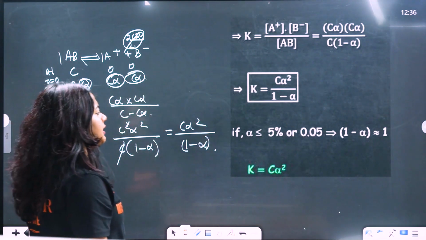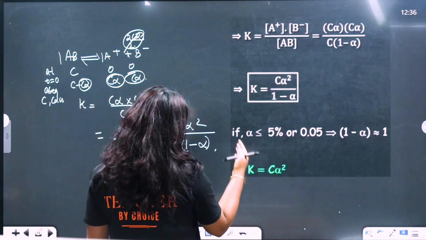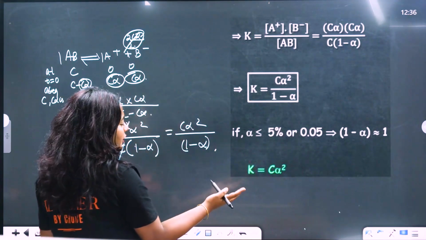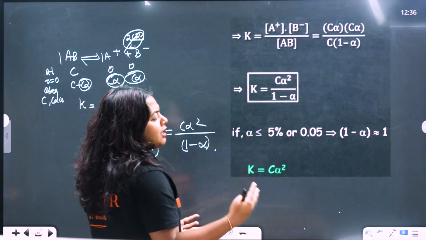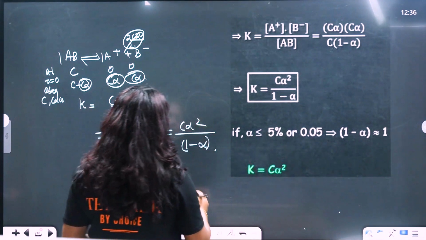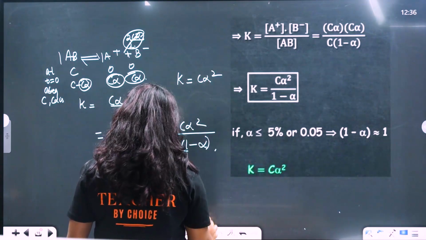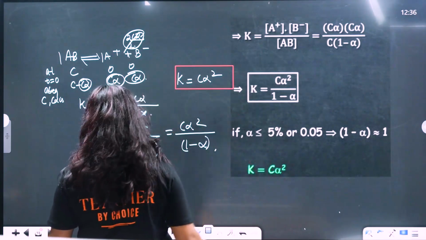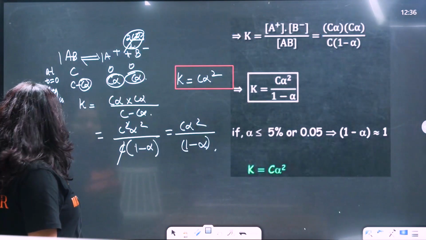If alpha is small, say about 5 percent, that is 0.05, then 1 minus 0.05 is approximately 1. So we can say that K is equal to C alpha squared. This is the equilibrium constant.